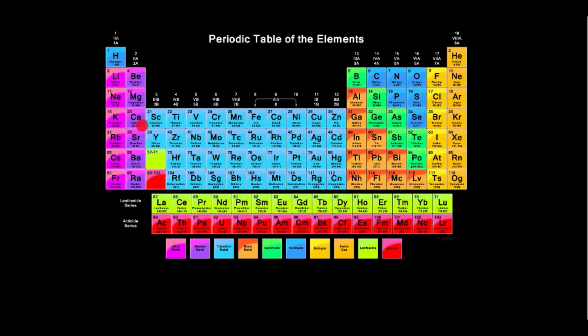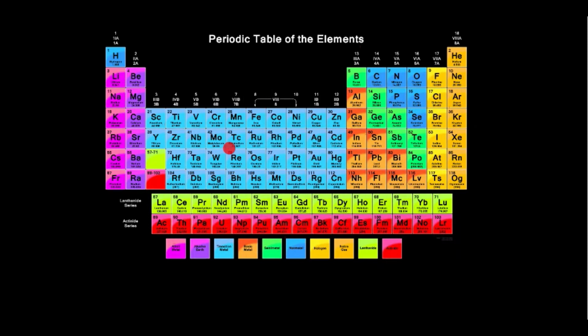Out of these 18 elements, 8 elements are normal, the first two elements, and from gallium to krypton, they are normal elements, while the others are transition elements. So in the fourth period, 8 elements are normal, while remaining 10 elements are transition elements.